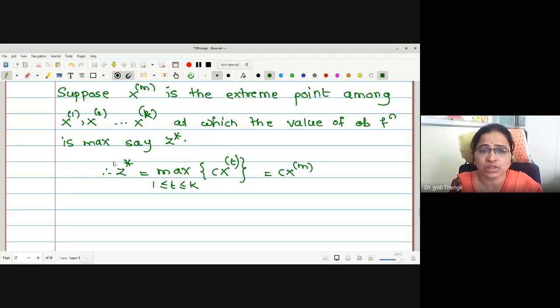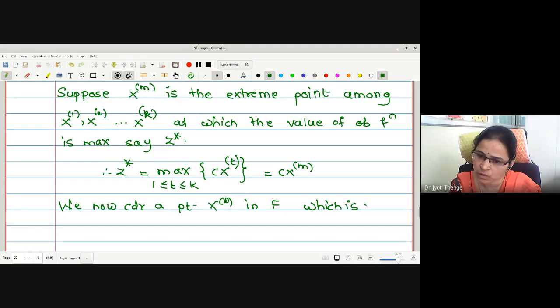Okay. Now this is about extreme points. Now we will assume one point which is not extreme, and then we will compare the value of the objective function at the extreme point and at the non-extreme point. We now consider a point x0 in F, which is not an extreme point. Now if it is not an extreme point, what does it mean?